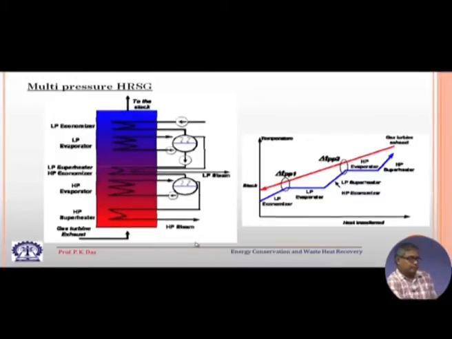If we see the temperature profile of the two fluid streams in the HRSG, what we can see is that the gas stream is changing its temperature like this, whereas the vapor stream or liquid stream is increasing its temperature like this.